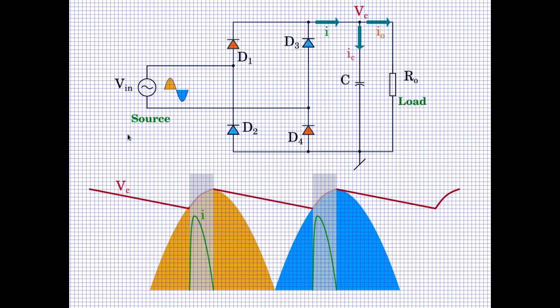I would now like to revisit these waveforms to discuss the current during starting. So let me remove this part of the waveform. Now you see at the time of starting, the capacitor voltage is 0.